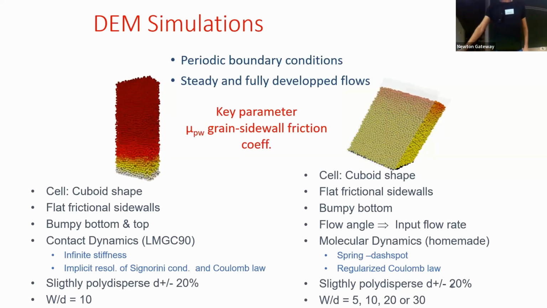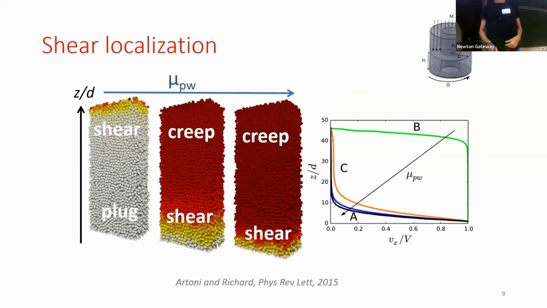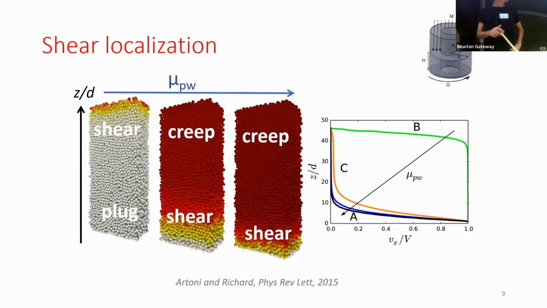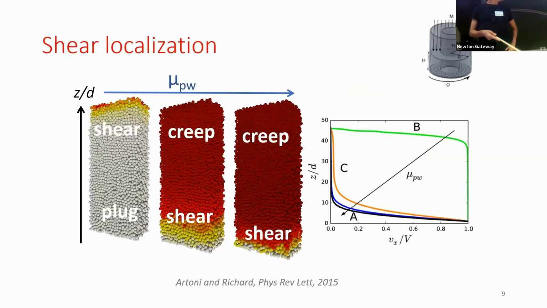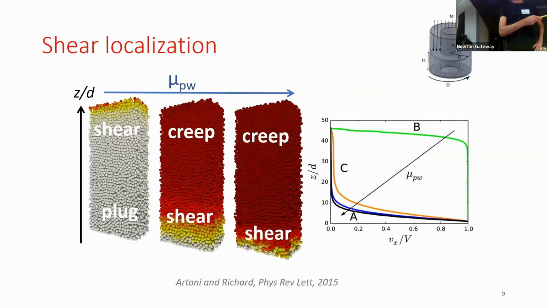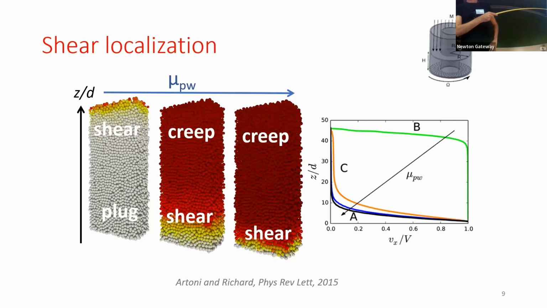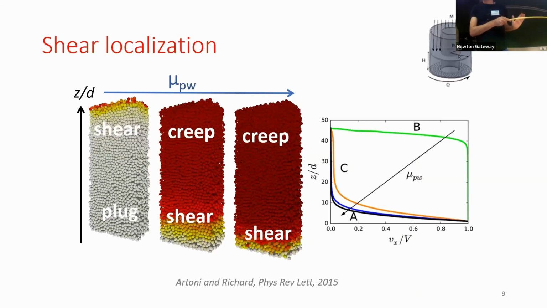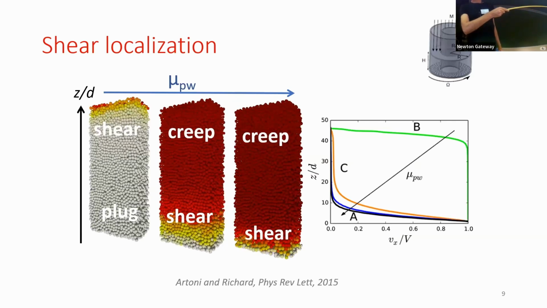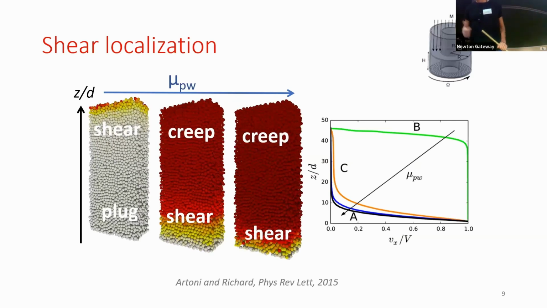So let's start with the first system, the shear cell system. Here I show you some videos extracted from the simulations. You have three videos from left to right. On the left, you have a very low grain-sidewall friction coefficient, and when you go to the right, the friction coefficient increases.